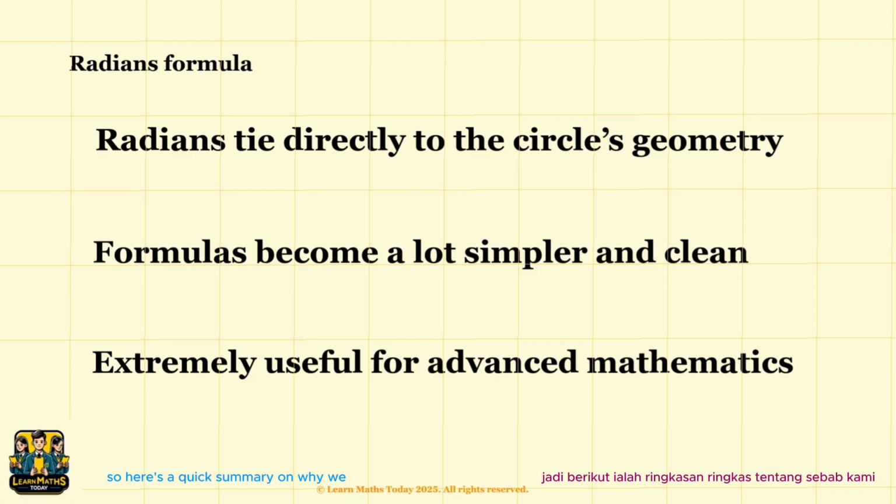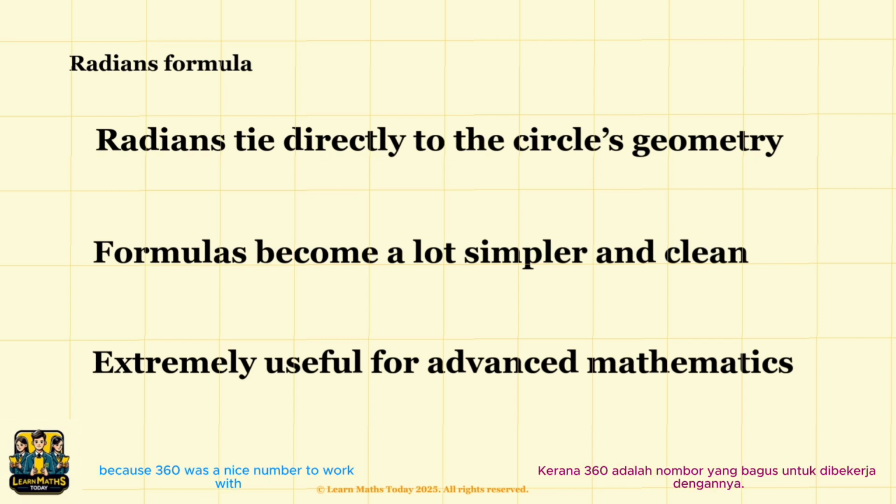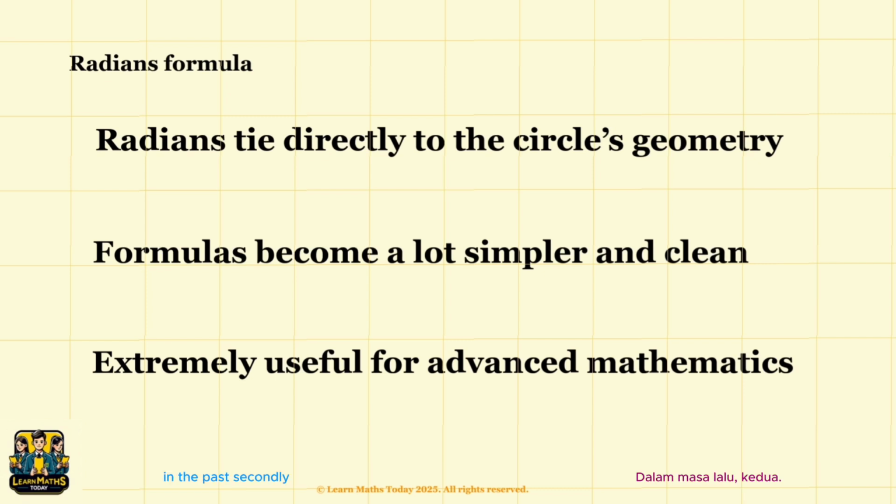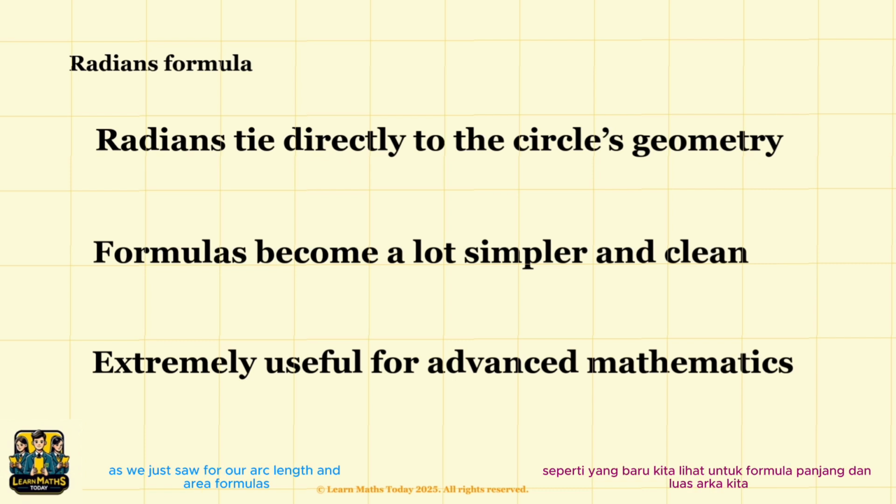Here's a quick summary on why we decided to use radians instead of degrees to describe the circle. Firstly, radians tie directly to the circle's geometry, and they're a lot more natural and intuitive than degrees, which were chosen arbitrarily, because 360 was a nice number to work with in the past. Secondly, formulas become a lot simpler and cleaner, as we just saw.